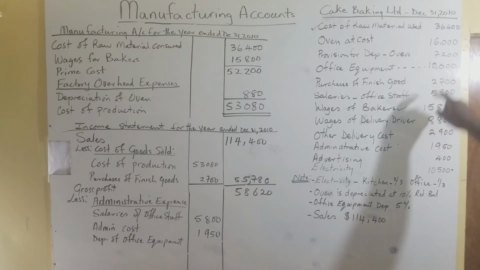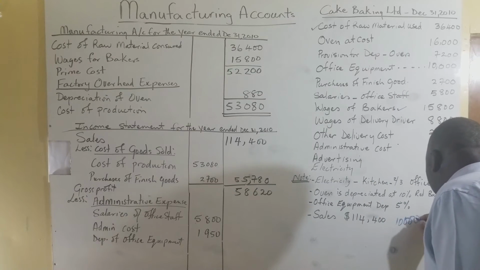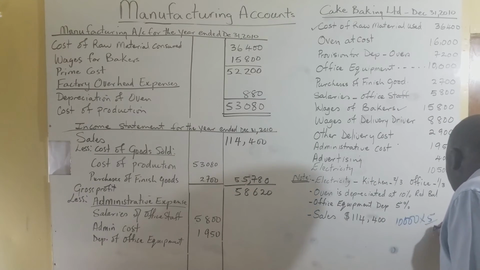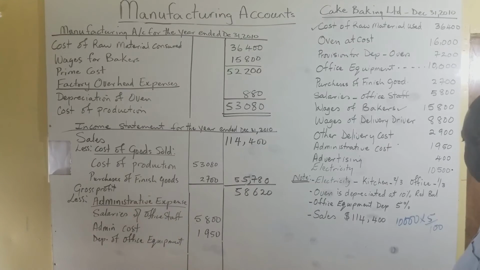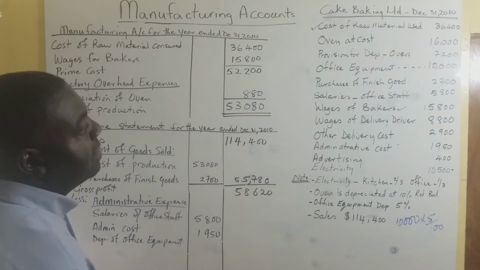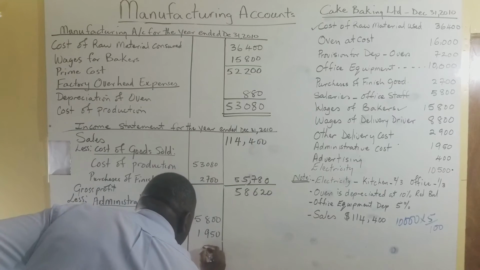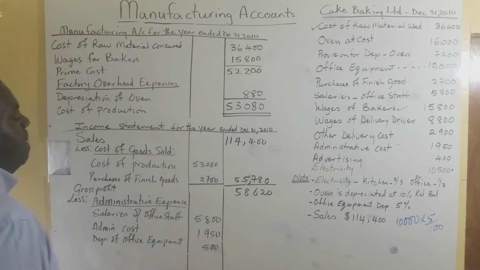Yes, 5% of 10,000 would be $500. That is 10,000 multiplied by 5%. Okay? So it would be 500. So we put in the 500 over here, right?